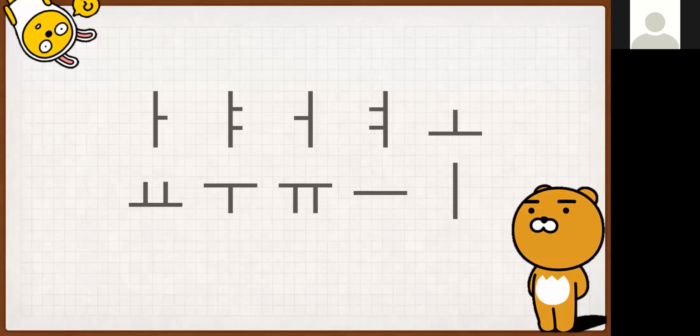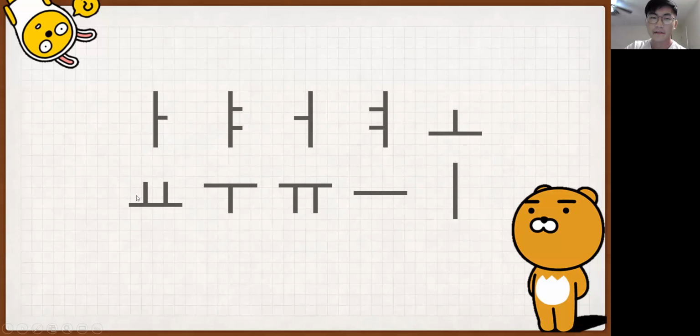The vowels kind of partner with each other. A and ya will be one set. O, yo will be one set. O, yo will be one set. U, yu would be one set. E would be another. Fairly easy. There's not much difference between these sets, other than you just have to add a second line to it.